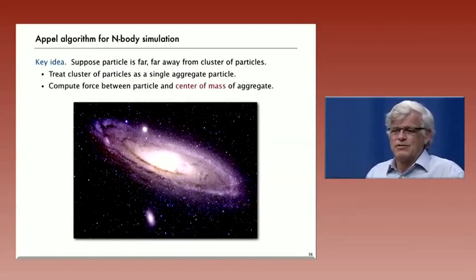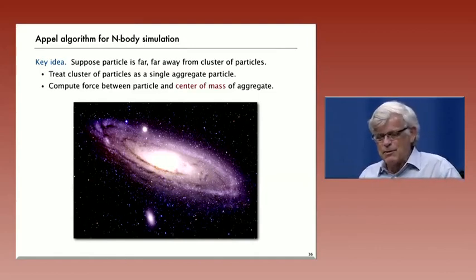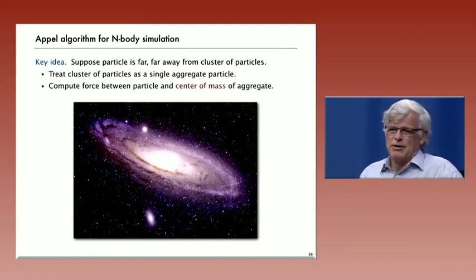And his idea was that if some particle is way away from some cluster of particles, we can treat that cluster as a single aggregate particle and not do the individual force calculation between our particle and every one of those in the aggregate, but use the center of mass, and you get a very accurate approximation to the n-body doing that.